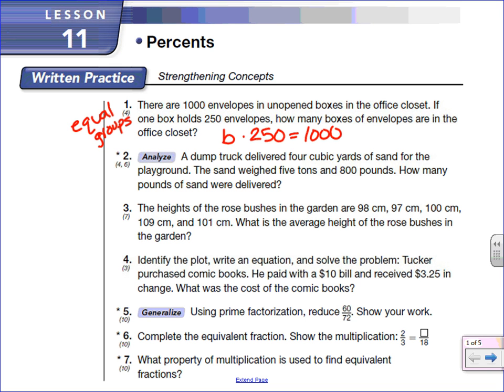So to figure this out, if you are looking for a factor, which is one of the numbers being multiplied, you take the product, which is 1,000, and divide it by the factor that you know, 250. Well, 250 goes into 1,000 4 times, so there are 4 boxes.